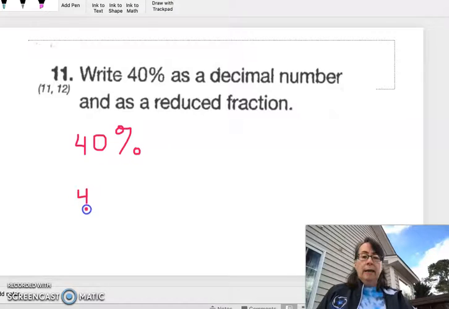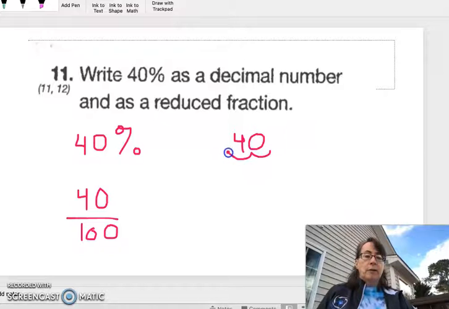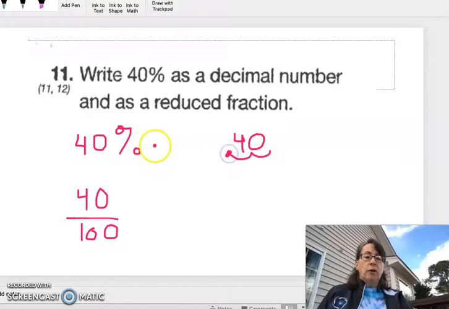So 40 out of 100 is a fractional value, which we know when we divide by 100, we just move the decimal 2 places over. So 40% is taking the decimal that is here and moving it 2 places to the left to get rid of the percent sign.